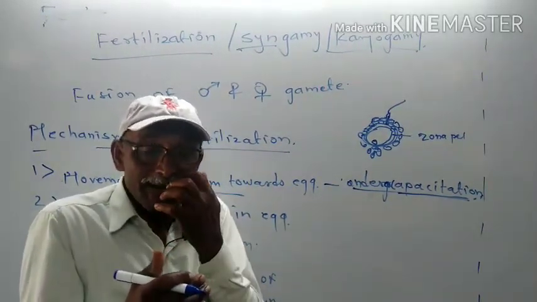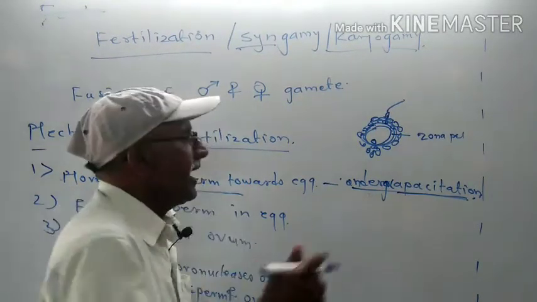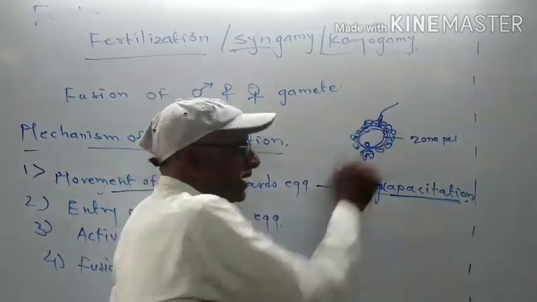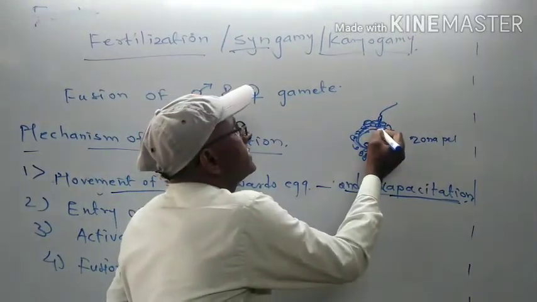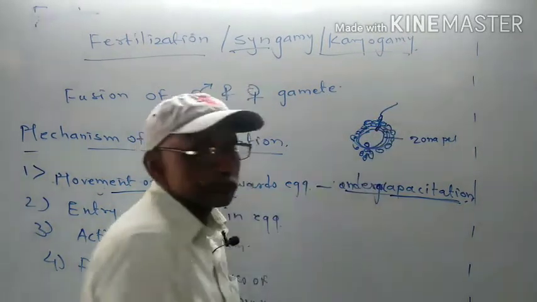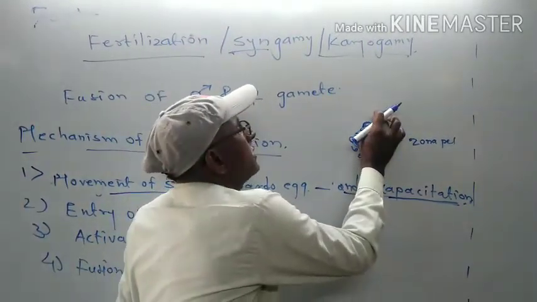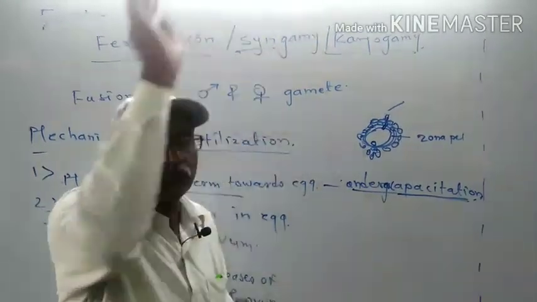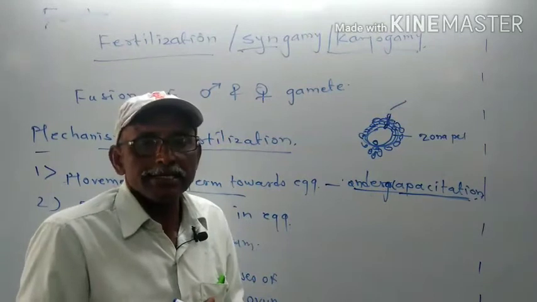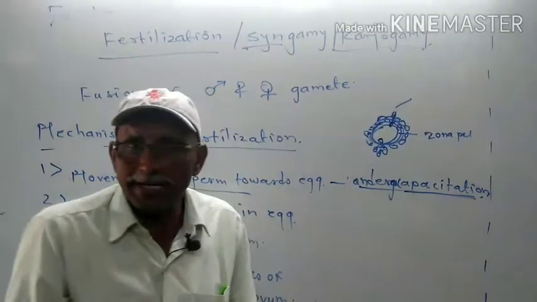Due to this interaction, the sperm head enters the vitelline membrane and the tail region is detached from it. Only the head of the sperm enters.